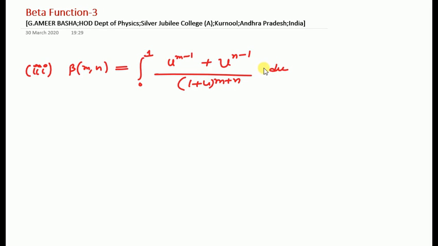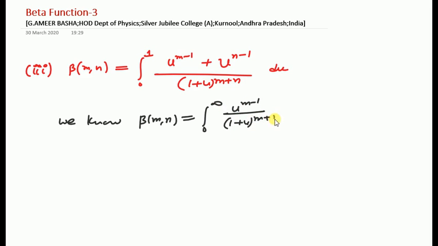Then again, it is very simple to prove. We will start from our previous result. We know Beta(m,n) is equal to, as we just proved, the integral from 0 to infinity of u^(m-1) divided by (1+u)^(m+n) du. Here we'll split the limits.